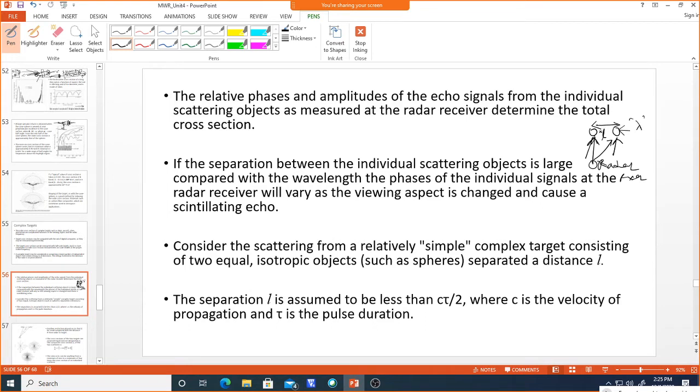Since the reflection is coming from this one also and this one also, if the targets are close, interference happens and it gives the scintillating echo. If the separation is large enough, this interference will be suppressed and the problem will be resolved. So the separation will be made in such a way that this problem is solved.